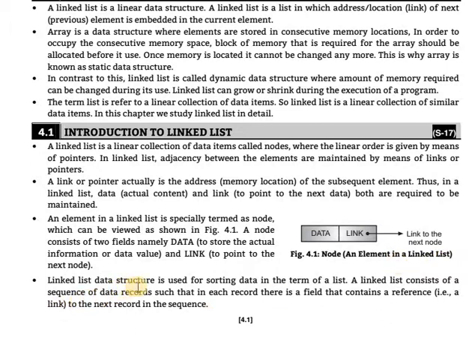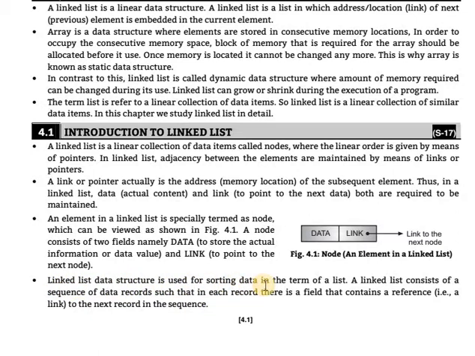A linked list is a data structure used for storing data in the form of a list. A linked list consists of a sequence of data records, such that in each record there is a field that contains the reference, that is the link, to the next record in the sequence. Where do we use this linked list data structure?